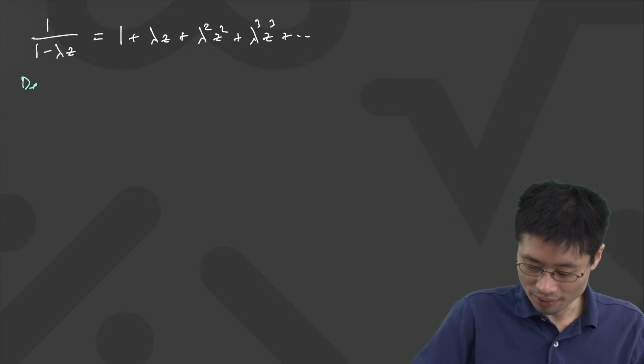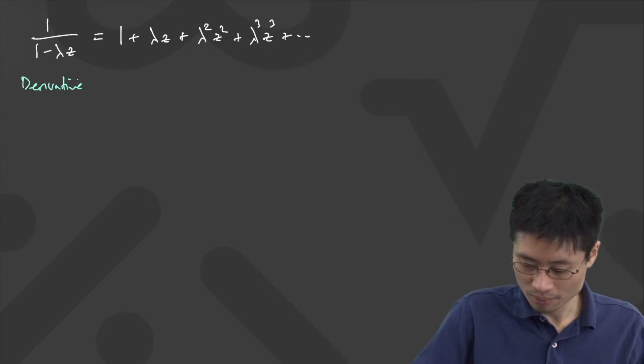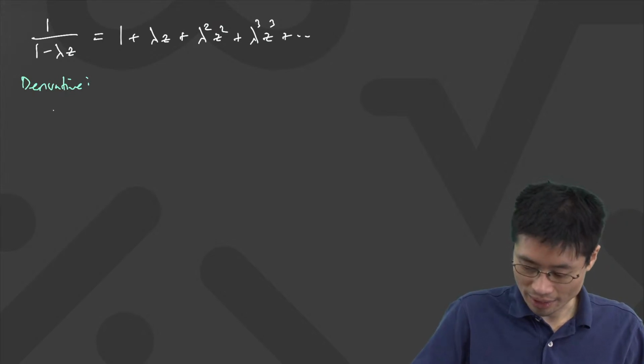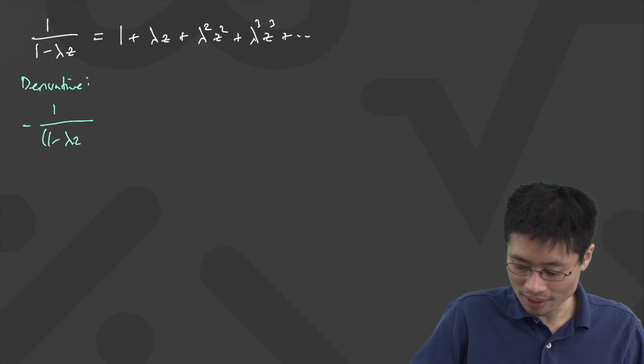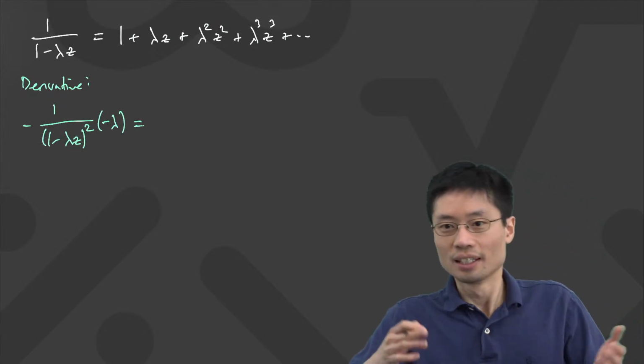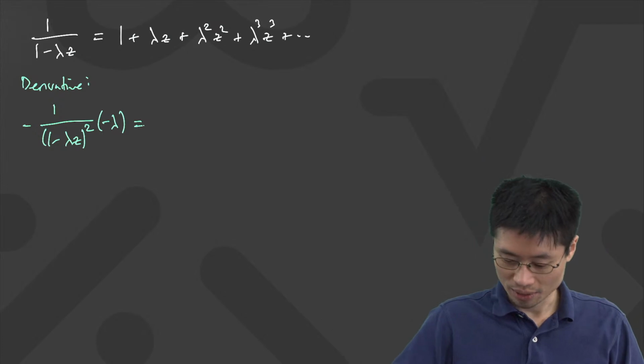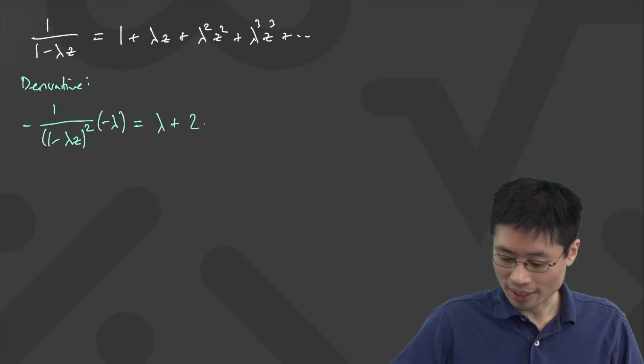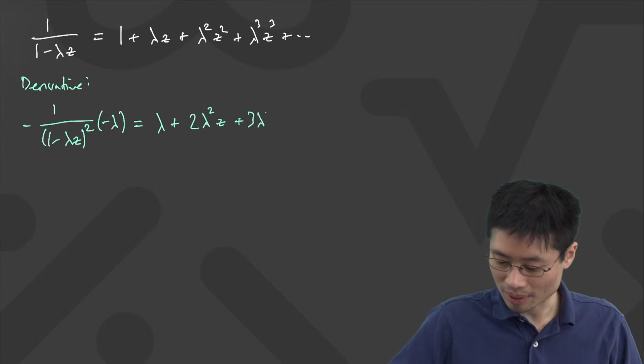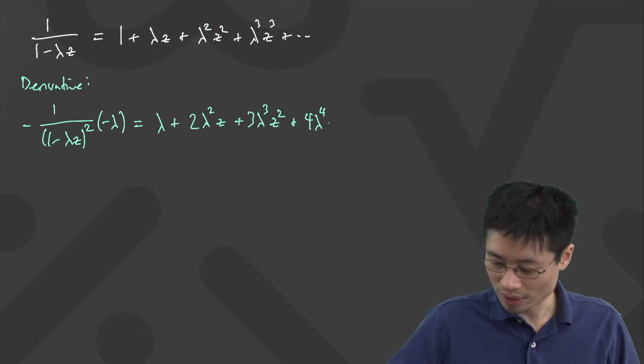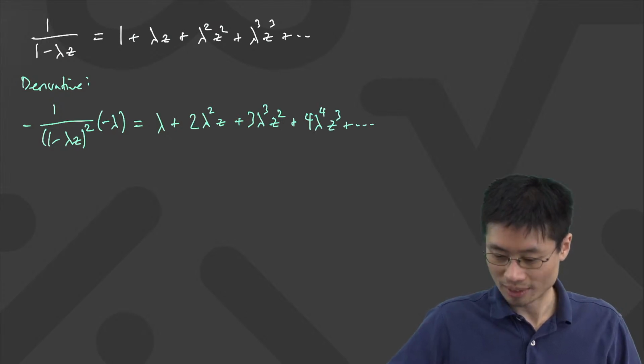So if I take a derivative, then on the left, I get minus 1 over 1 minus lambda z squared times a minus lambda. Okay, and on the right, what do I get? I get derivatives of stuff. So I just get the lambda plus, this is what we did last time actually, 2 lambda squared z plus 3 lambda cubed z squared plus 4 lambda fourth z cubed plus dot dot dot.